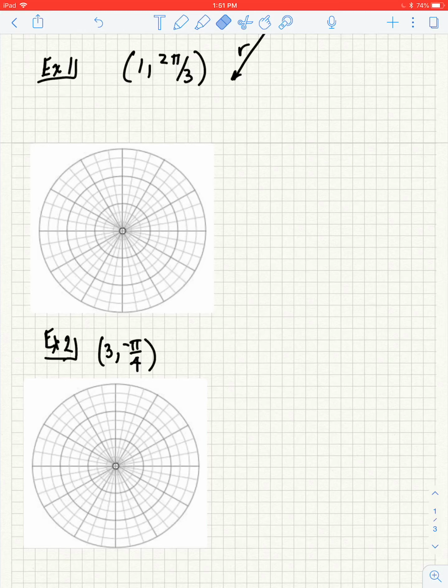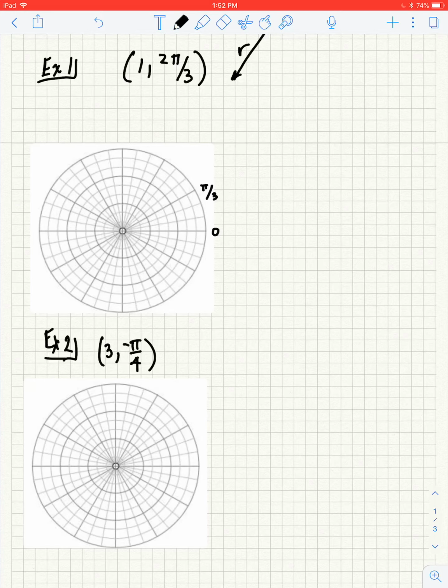Now, I know you guys might have this graph paper or might not, but if you do, that's great. If not, you can always just draw it on the grid and make sure you show which quadrant it's in. Again, you're not labeling these as x and y anymore. For example, that would be 0.